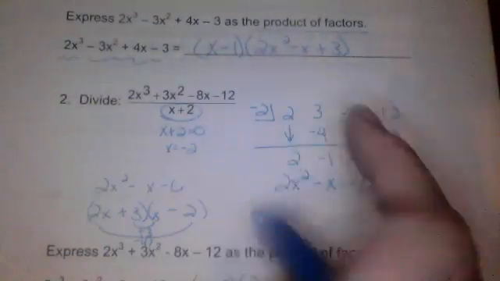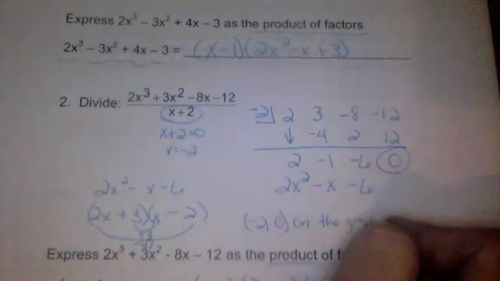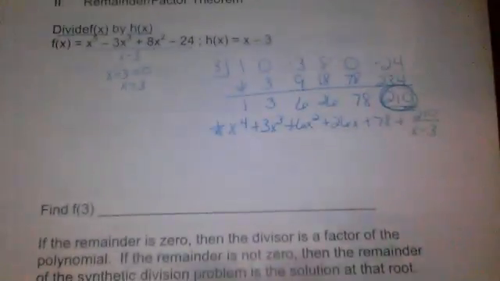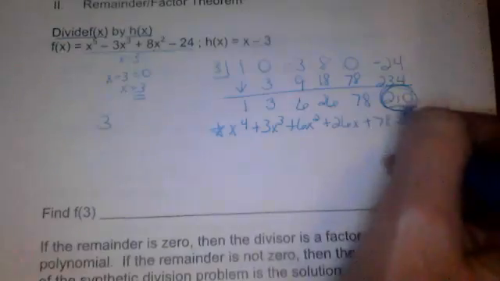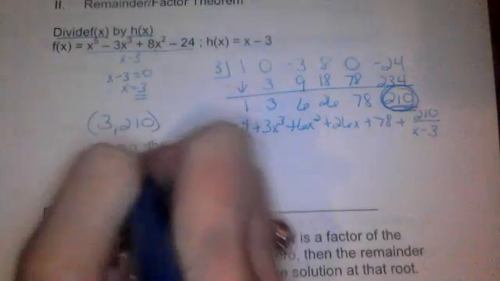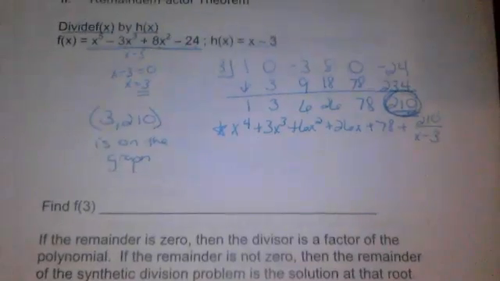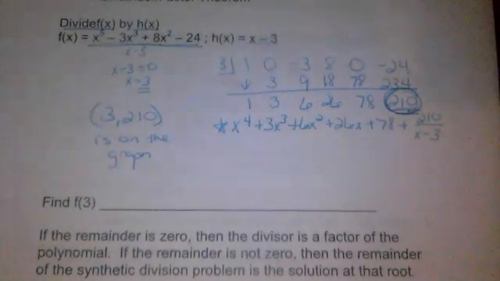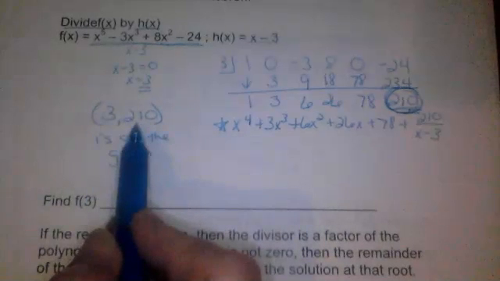In this one, the point -2, 0 is on the graph of this function. Well, if that's true, then in this situation, the point 3, 210 is on the graph of the original problem here. Now, is that helpful in finding a 0 or an x-intercept? No. But does it give me some information about my graph? Yes, the graph goes through the point 3, 210.